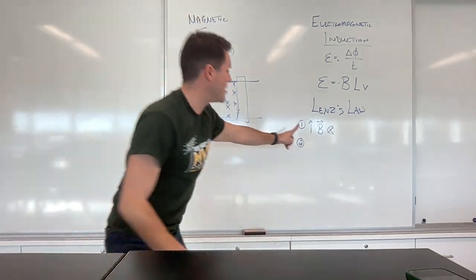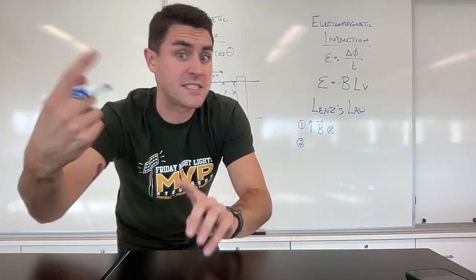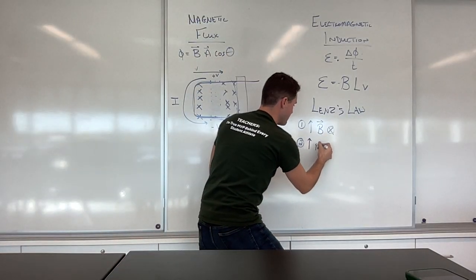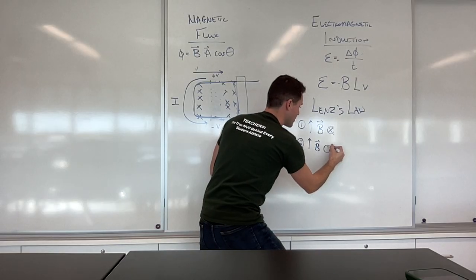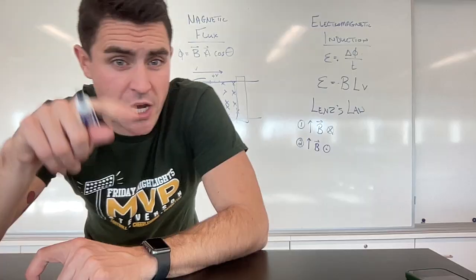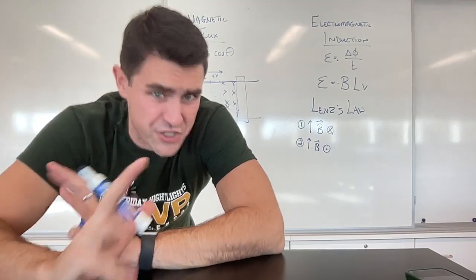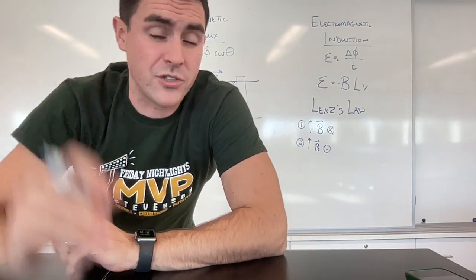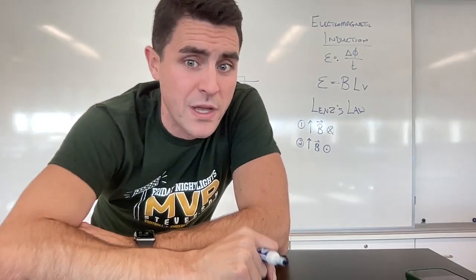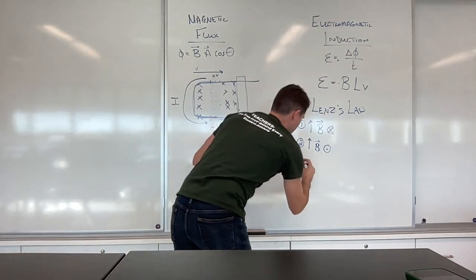So if I increase the B field into the page, the opposition to that would be to increase the magnetic field out of the page. Okay, that's the opposition to the change that was just experienced by the loop of wire. Now, the circuit can't just create a magnetic field. Instead, the current induced in that loop will produce the change in B field, out of the page.